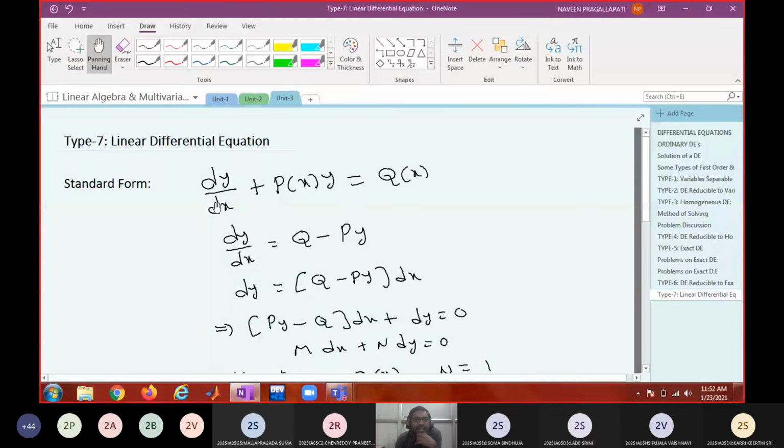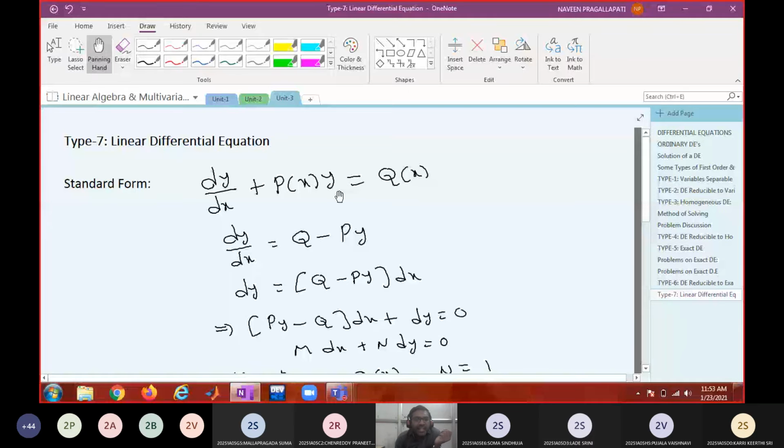Is the degree of y and dy by dx 1? Is the first condition satisfied? Yes. What is the second condition? No term should contain a product of the dependent variable and its derivative. Do you see any product of y dash like that? No. Therefore, this is a linear differential equation.